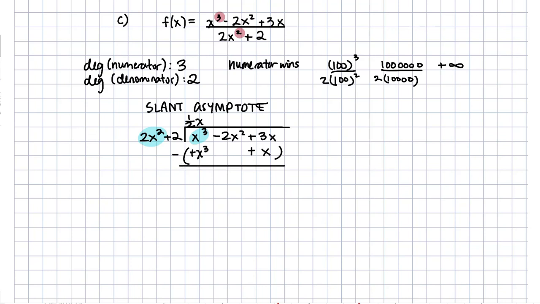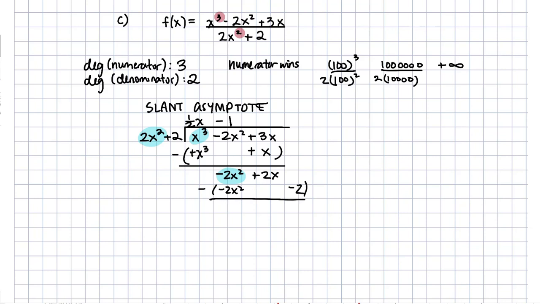Leaving space for that negative 2x squared, we get negative 2x squared. 3x minus x gives me 2x. And then we repeat the process. 2x squared. To get to negative 2x squared, I would need to multiply that by negative 1. And then I would get negative 2x squared, negative, leaving myself a little space for that 2x.